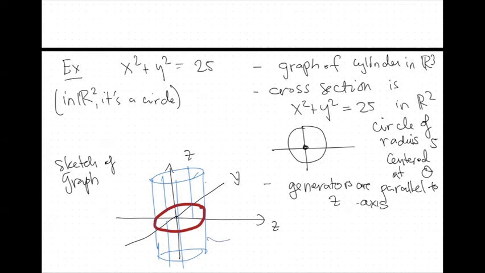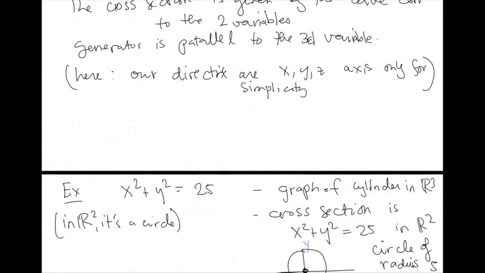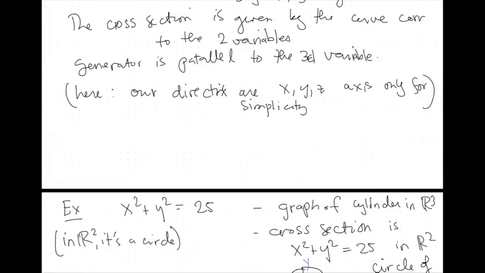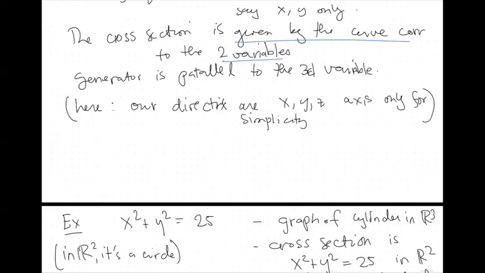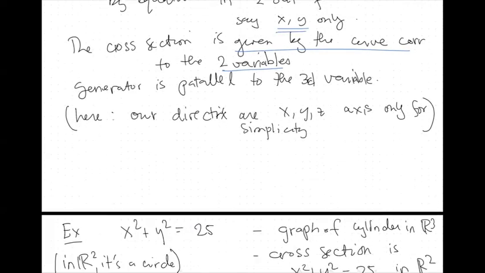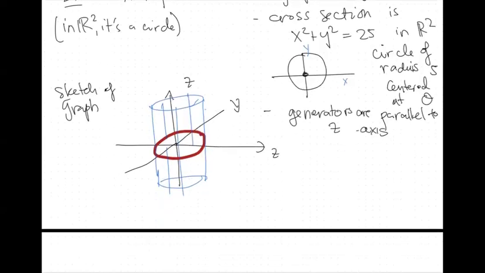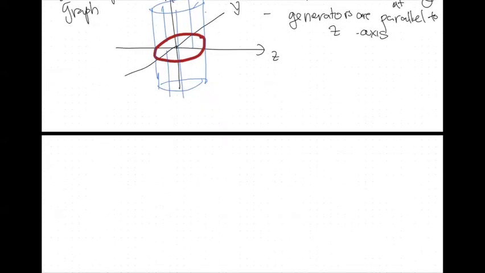So here, the generators are parallel to the z-axis, and then the cross-section is just a circle. This is our y-axis and x-axis. Corresponding to what I have mentioned here, the cross-section is given by the curve corresponding to the 2 variables which are present, in this case, x and y.